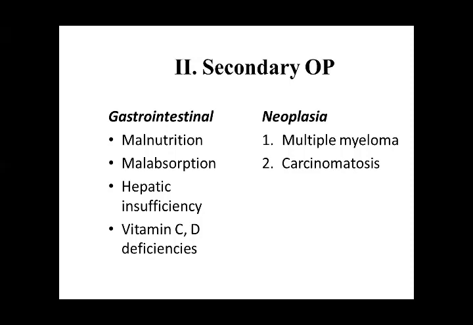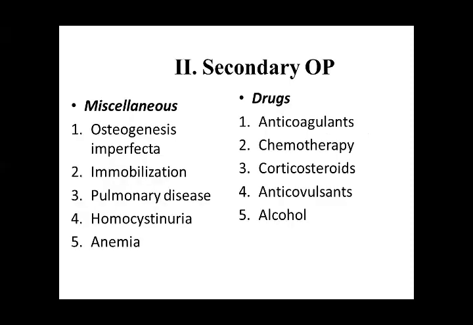Hepatic insufficiency, all of these are metabolic diseases, vitamin C and D deficiencies. Neoplasias: multiple myeloma is a plasma cell neoplasia that makes the bone very porous. And then carcinomatosis, which is the spread of a cancer into the bone.